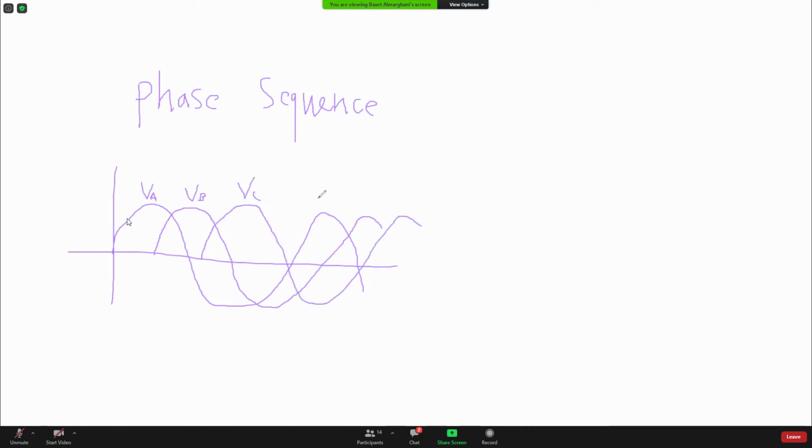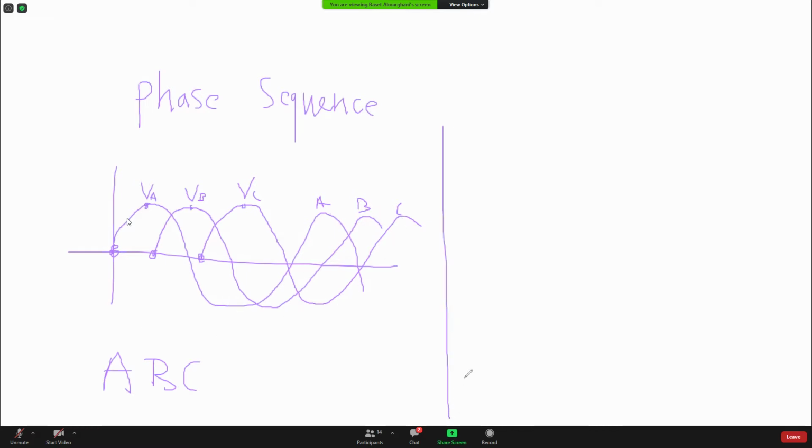Then this is A again, this is B, this is C, then you're going to see A again. This sequence is called ABC, positive sequence. It means A first, then B starts, then C starts, then A again. Or you can look at the peaks, the maximum. A, then you see B, then you see C, then you see A, B, C, and it continues like that.